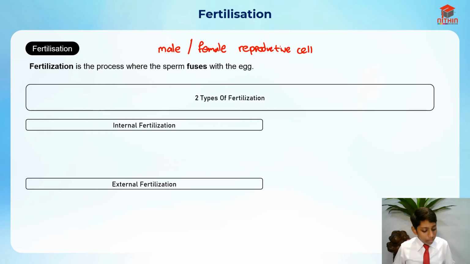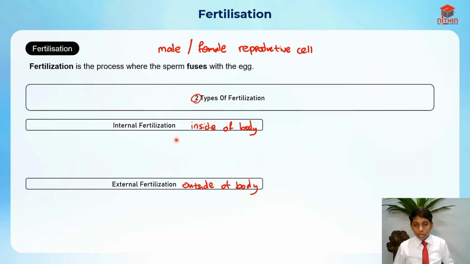Okay, so there are two types of fertilization. One is internal fertilization, so fertilization inside of the body. And this is outside of the body, because this is external fertilization.